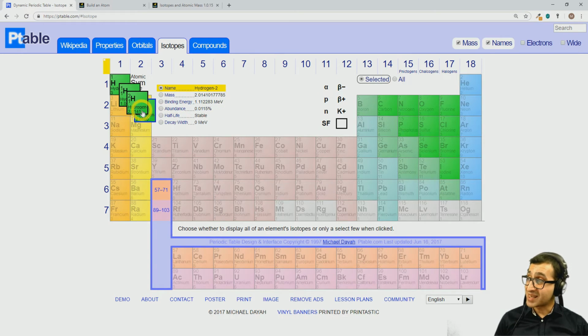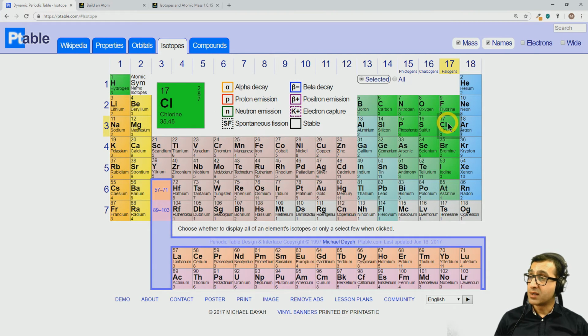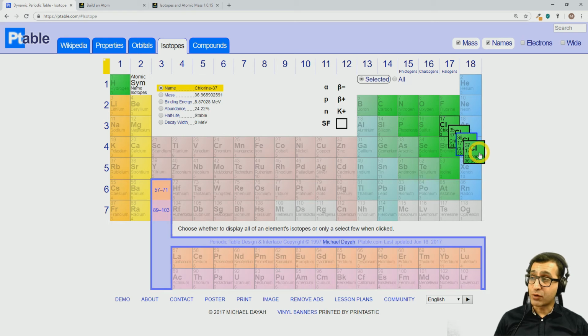So these do not exist in equal quantities out in the real world. Most hydrogen atoms are just hydrogen with a mass number of 1. The remainder, almost all of the remainder, is deuterium, and with a tiny, almost negligible proportion is tritium. So this is the reason why the weighted average is weighted according to percentage abundance. So let's see how that's done.